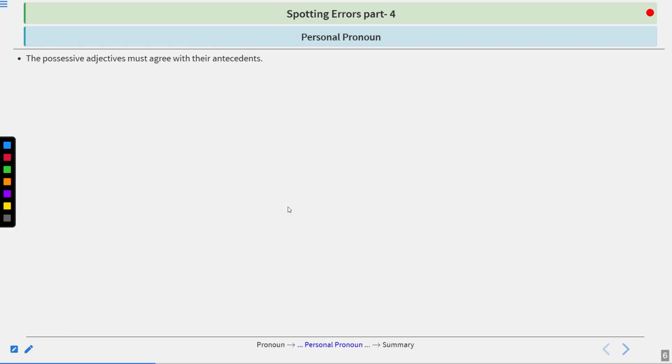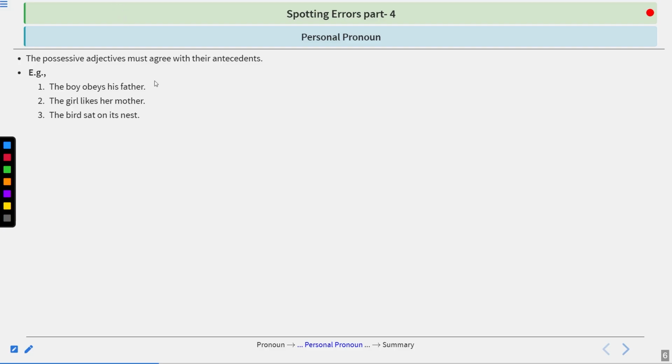Personal pronoun: the possessive adjectives must agree with their antecedents. What does antecedent mean? Antecedent means the word that comes before another word, the word preceding. Let's take an example to understand it clearly.